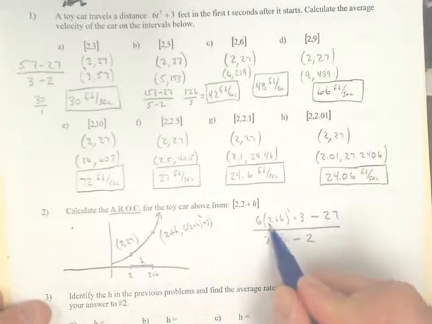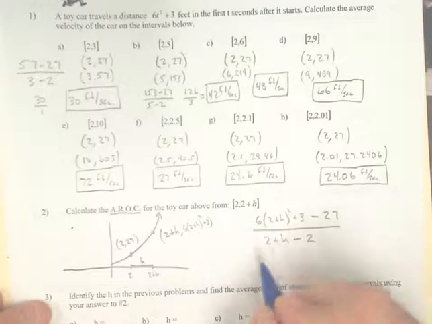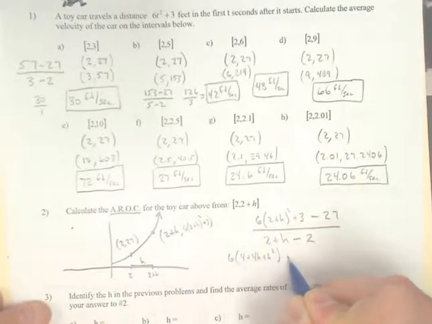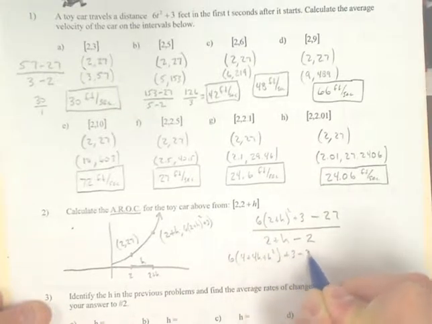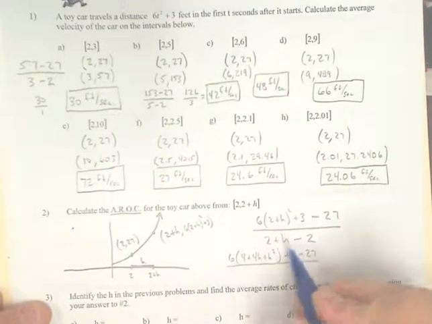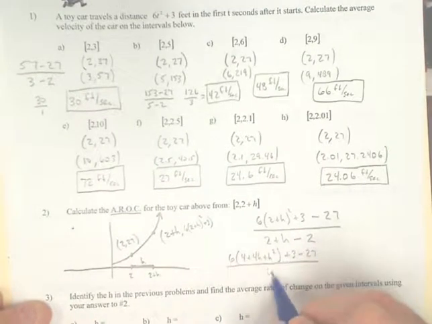So we have to FOIL (2 plus h) squared, which gets us 4 plus 4h plus h squared. On the bottom, the 2 and the 2 cancel, so we just have an h.